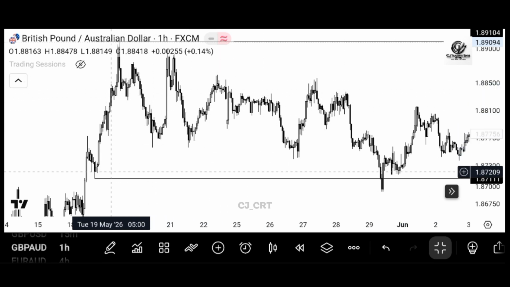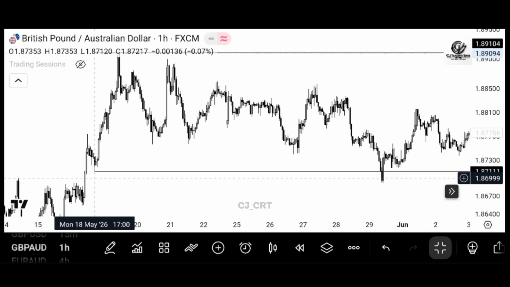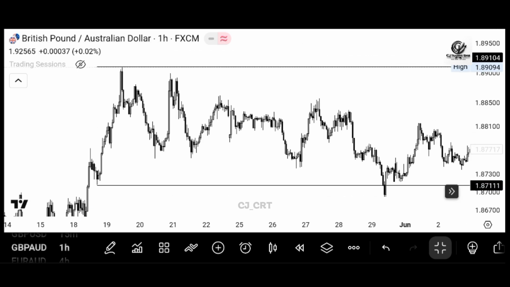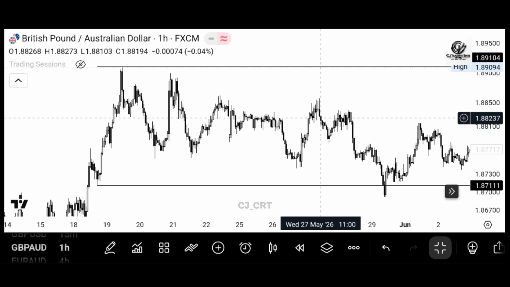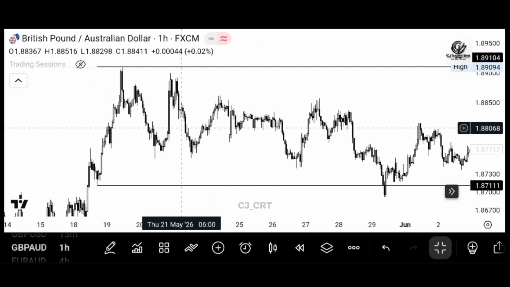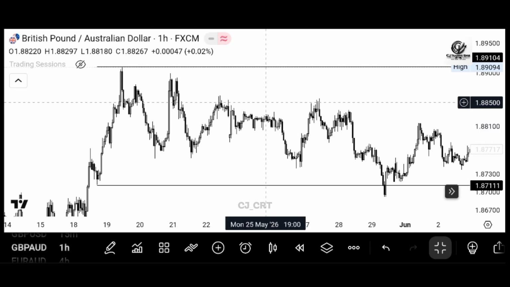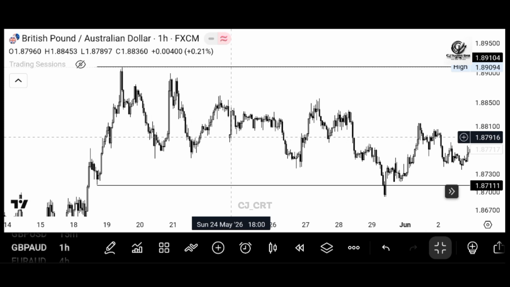This is the low of the daily time frame candle, and this is the high. So we're in a ranging market. Everything is choppy in here. So when this kind of thing happens, you have to wait for one of the levels to be broken.